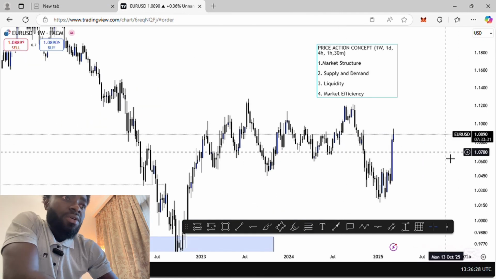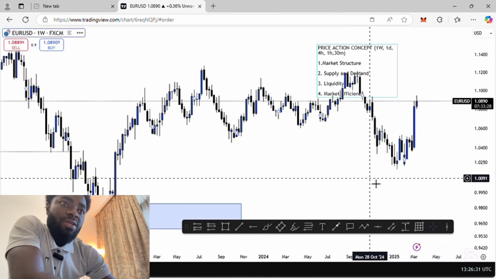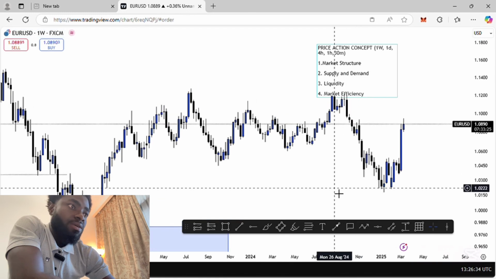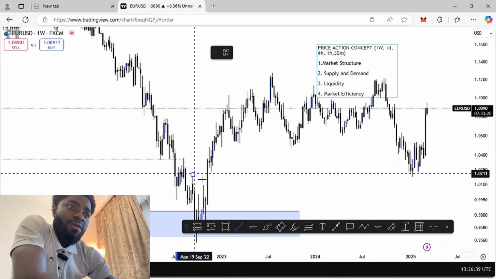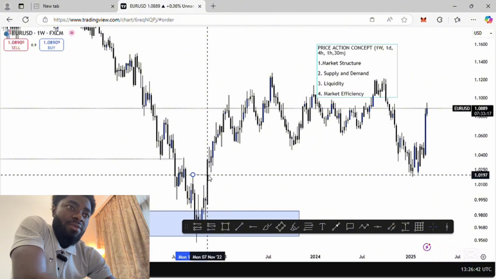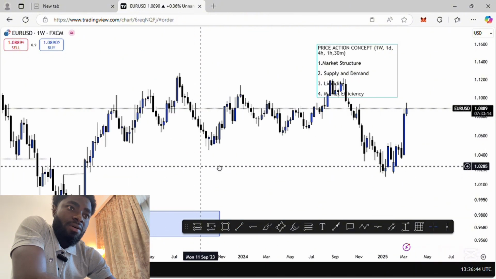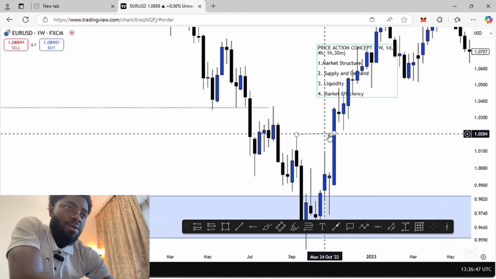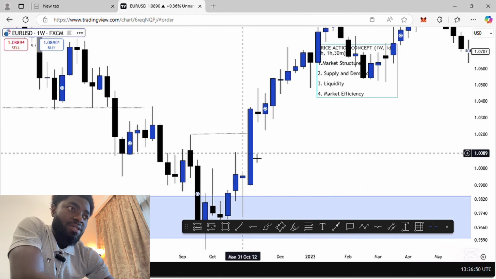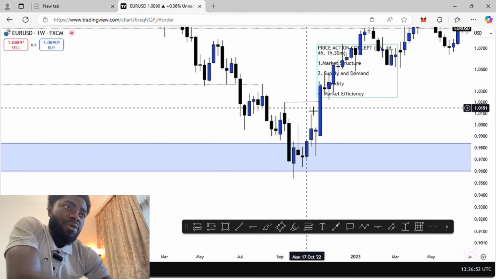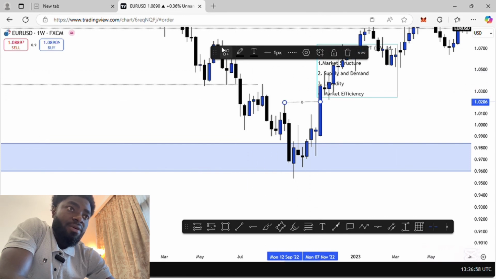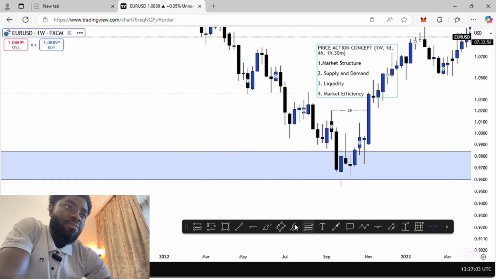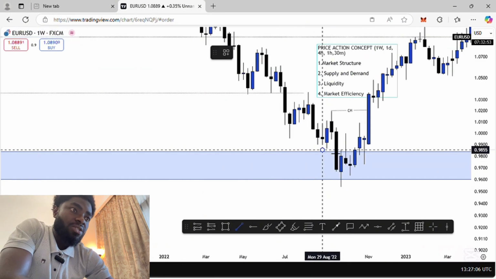So now what is happening currently? We have, after this shift in price at this area, let's take our time to analyze it at the weekly time frame. After the shift in price, break of structure, shift, change of character, because this happened to be the last low.